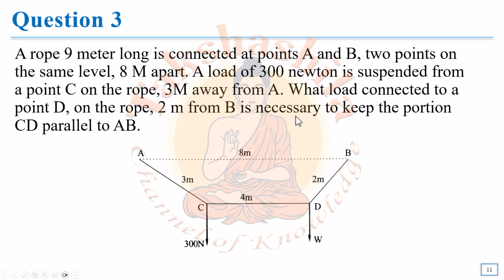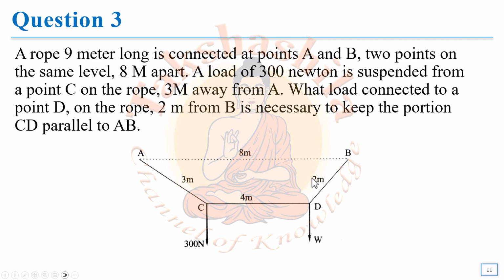Now what they have mentioned is what load is connected to point D. There is another point D which is at a distance of 2 meter from B. So from B you travel a distance of 2 meter to get point D. At this point, we are going to place another weight of magnitude capital W so that we satisfy a condition. What should be the condition?